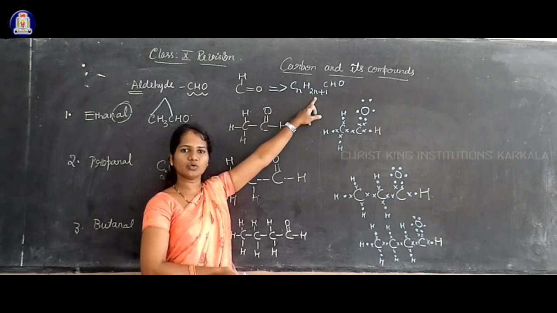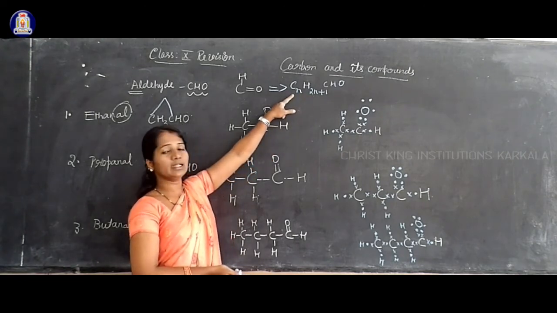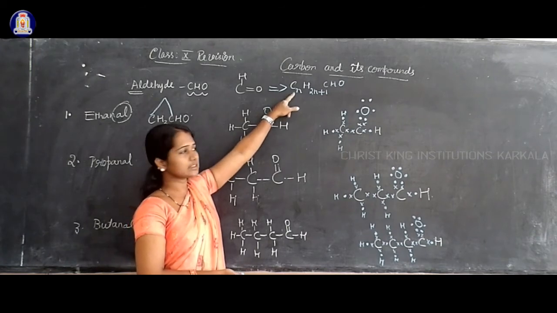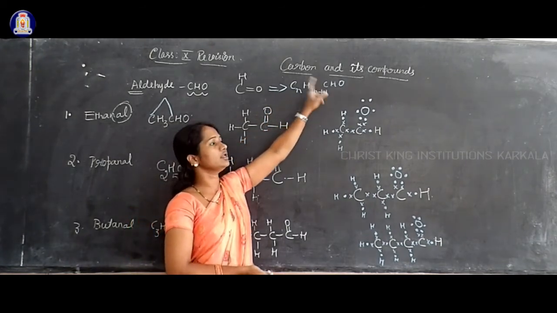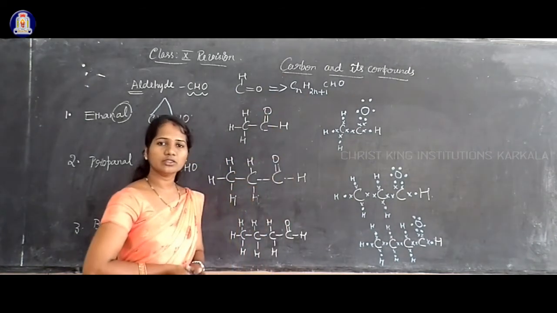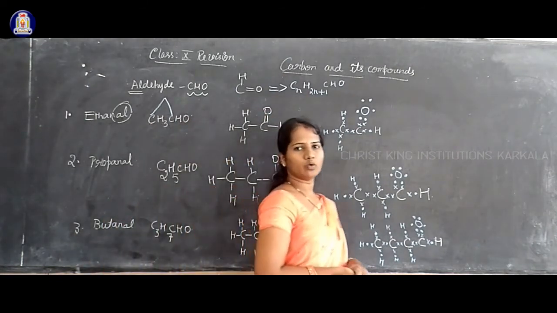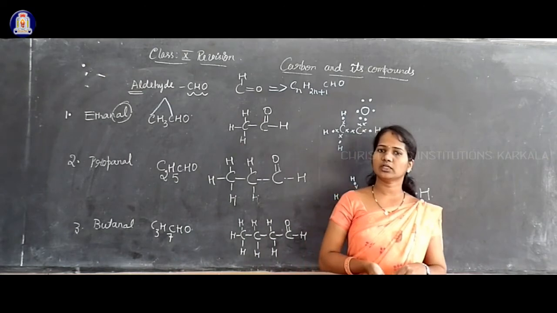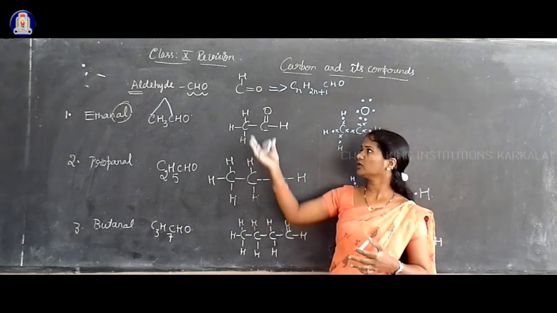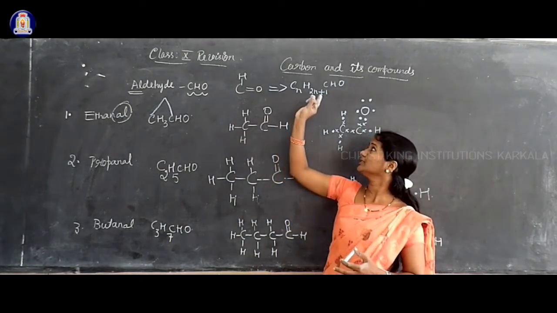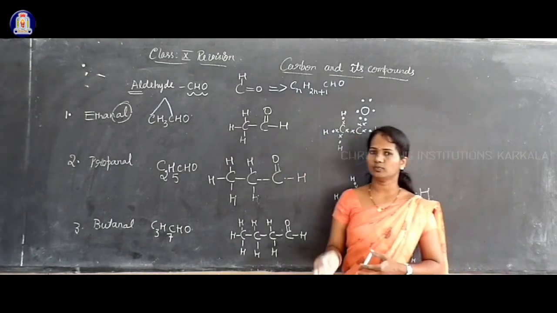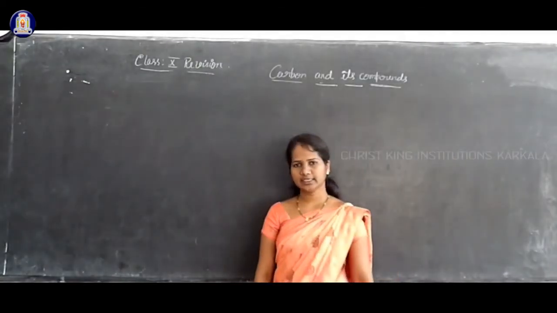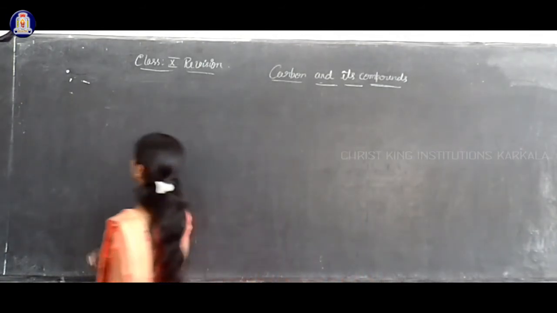To find the hydrogen atoms, you have to double the number of carbon atoms and add 1. 2n plus 1, and CHO is a common group for all compounds belonging to the aldehyde group. Functional group is CHO. We'll move to the next functional group, that is carboxylic acid.